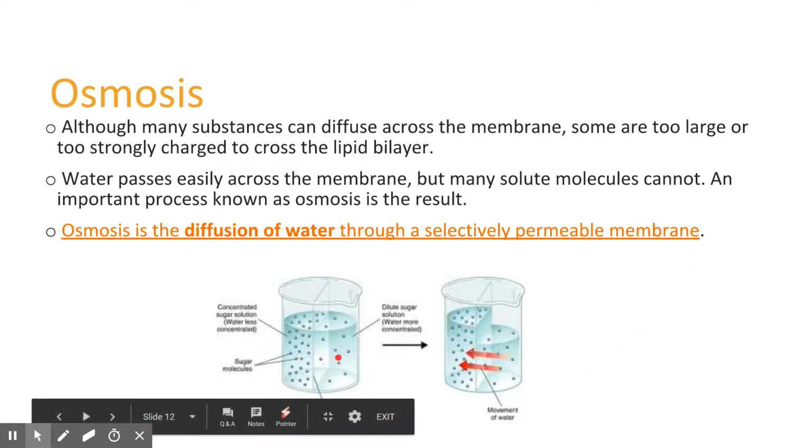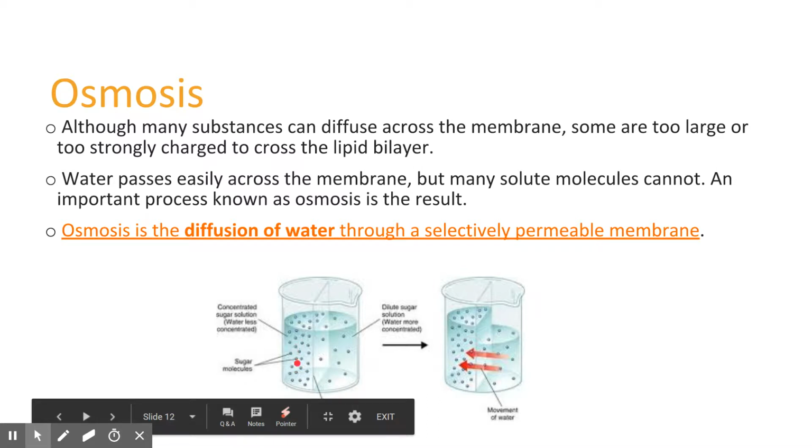Here, you've got some particles dissolved in water. Those particles are in an unequal concentration. We have the same amount of water on each side of the beaker. You can see that really faint membrane in between. However, these sugar molecules can't move across the membrane. So what's going to happen is that the water itself is going to move from one side to the other.